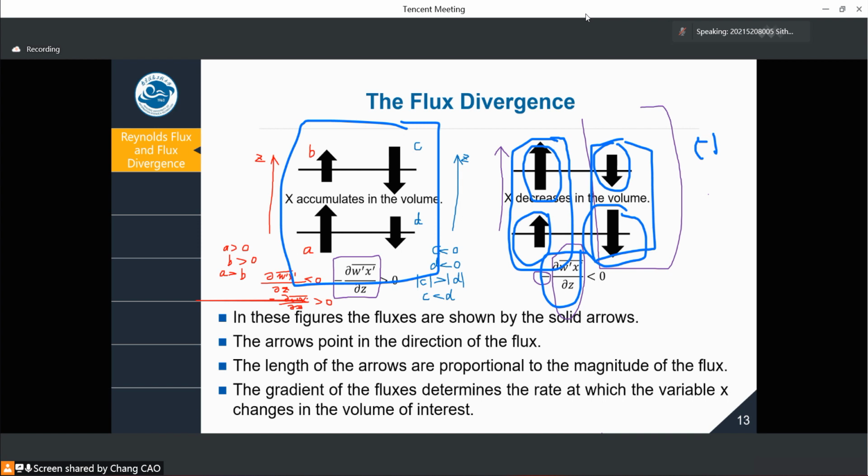So actually, C is higher to this side. Flux gradient becomes smaller. No, flux gradient, I think, becomes bigger.